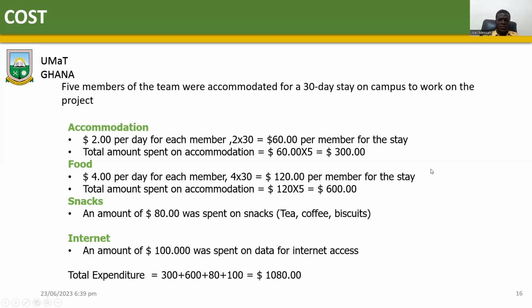The total expenditure for that particular month was $1,080, and this was the cost for just the month of staying. However, within the course of the project, other costs were also incurred along the line. Thank you very much.